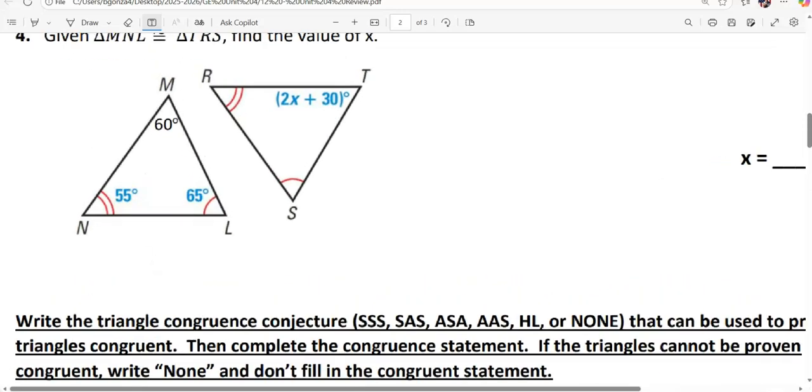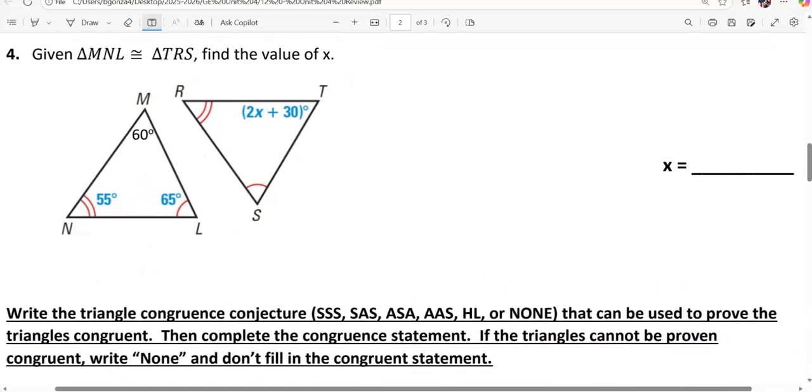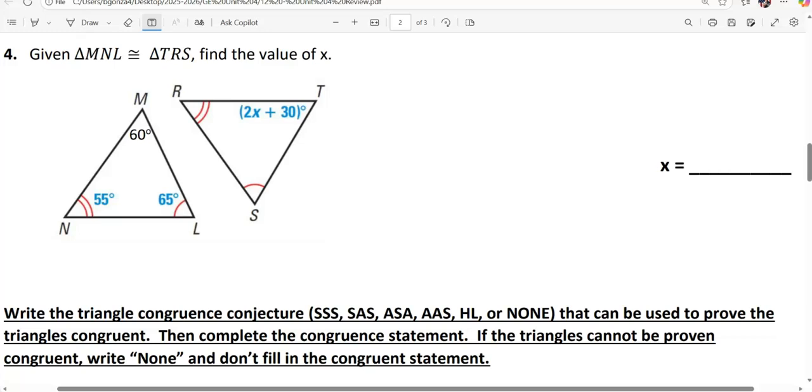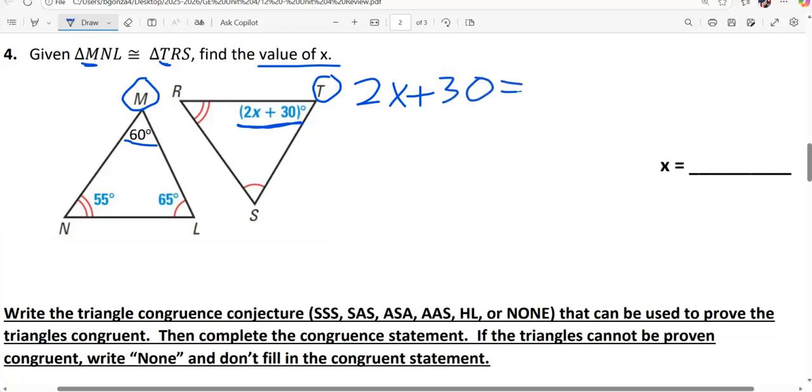Now this one's kind of tricky. So look, angle T is this, right? And if I want to solve for X, I got to know what angle T matches. So T matches M. Okay, so this T matches this M. So that means 2x plus 30 matches 60. So 2x plus 30 equals 60.